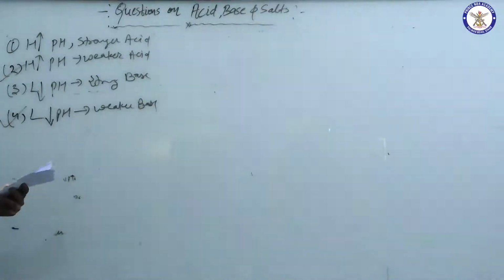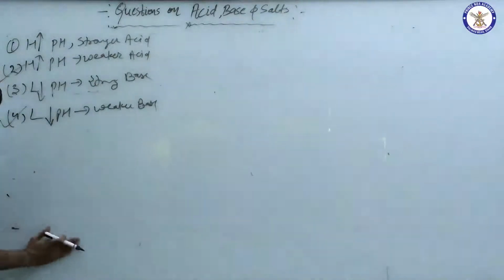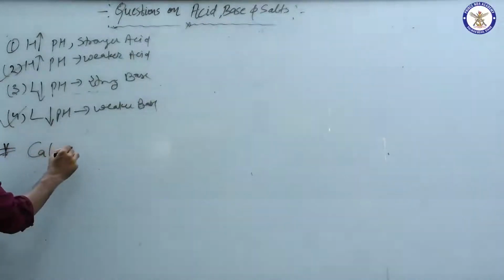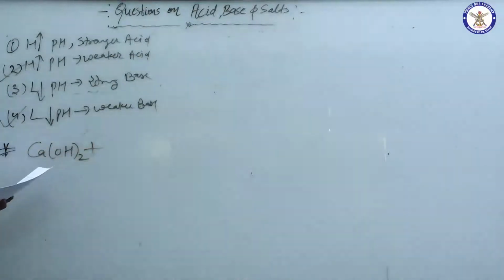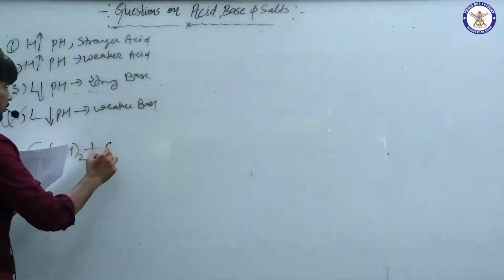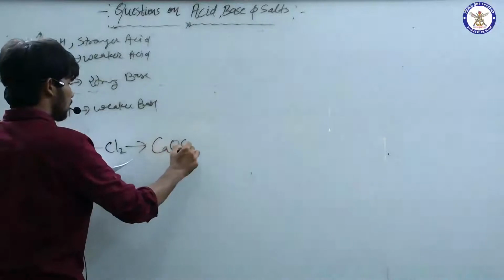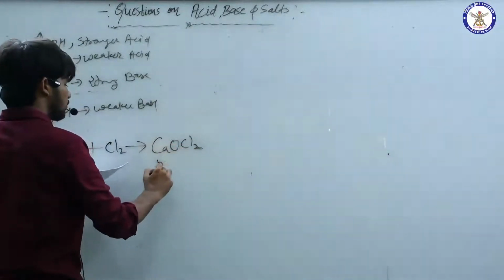Okay. Next, lime water reacts with chlorine to give. What is lime water? Ca(OH)2. When it reacts with chlorine, what does it give? It gives CaOCl2, and that is bleaching powder.